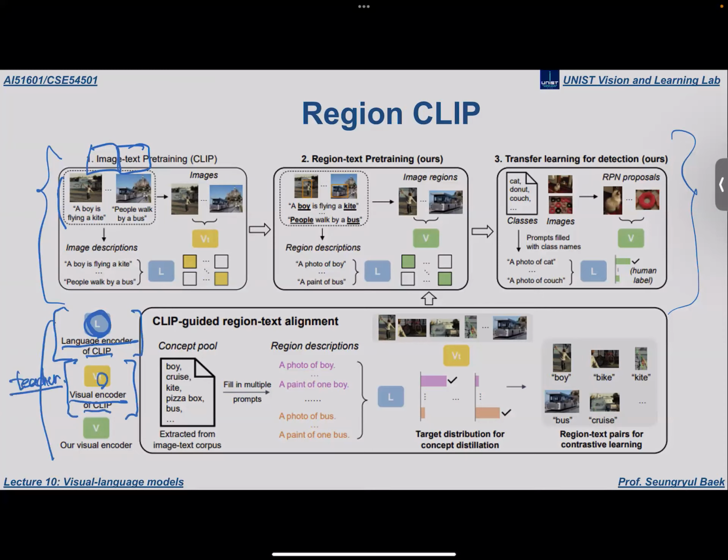And V, just V, is the image encoder we aim to train. Ideally, this has to be a regional image encoder. V_T is an image encoder, but V becomes the regional image encoder, and L is the text encoder.